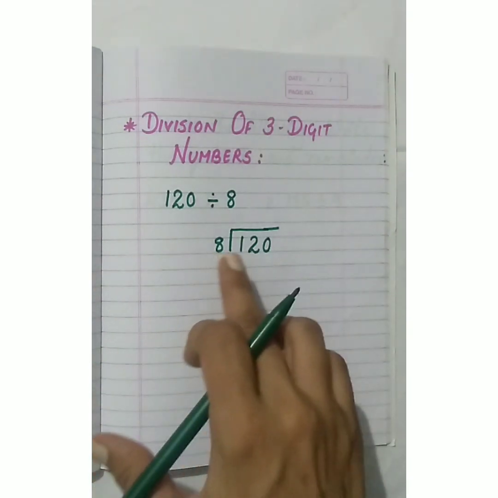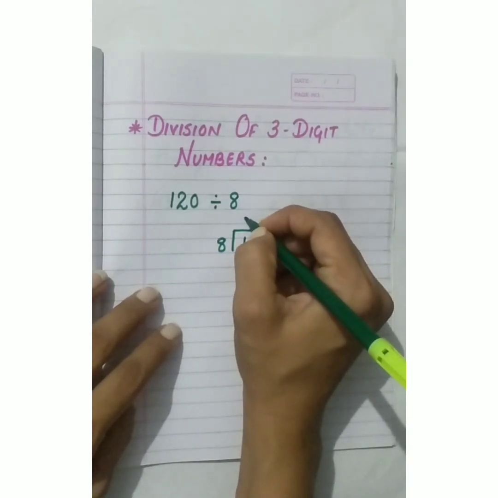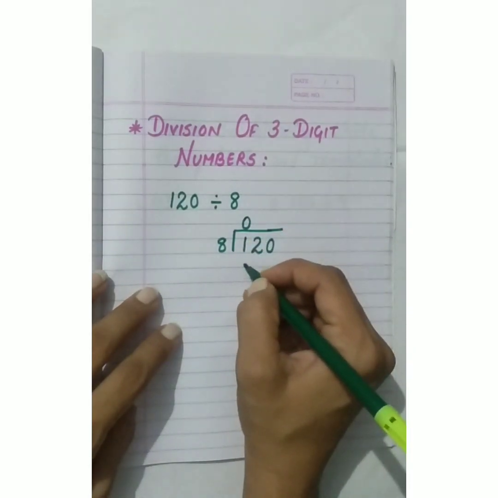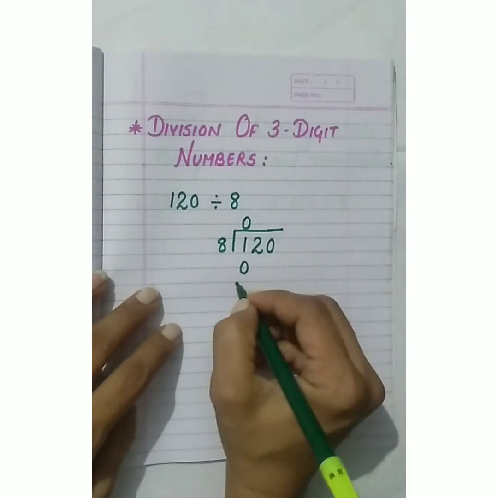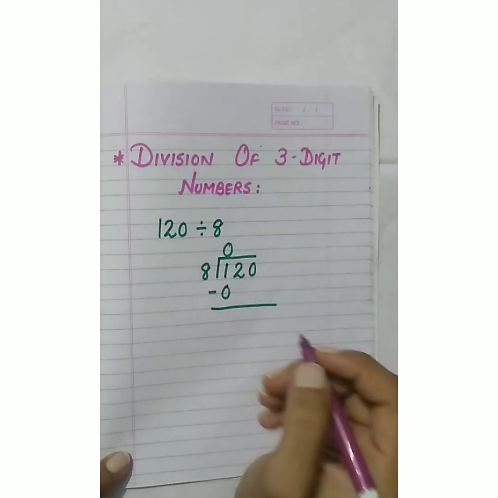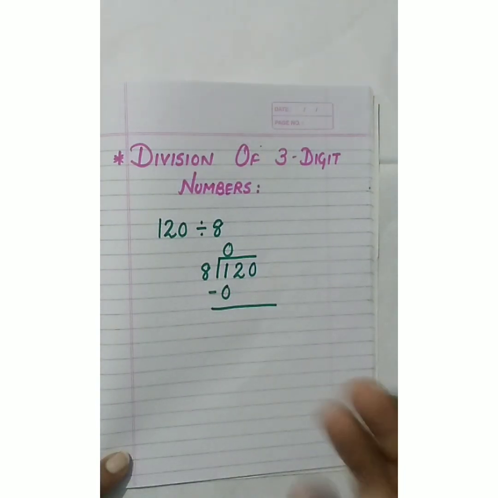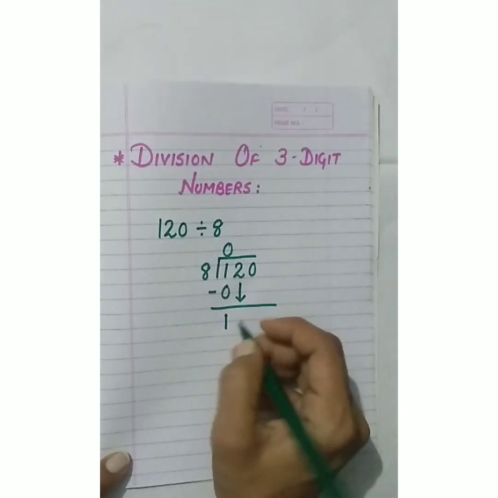So can we divide 1 by 8? No. So what are we going to write over here? 0. And here also we are going to take 0 because 8 zeros are 0. So now we will subtract this. 1 minus 0, here it will come 1, and we will take this 2 over here.